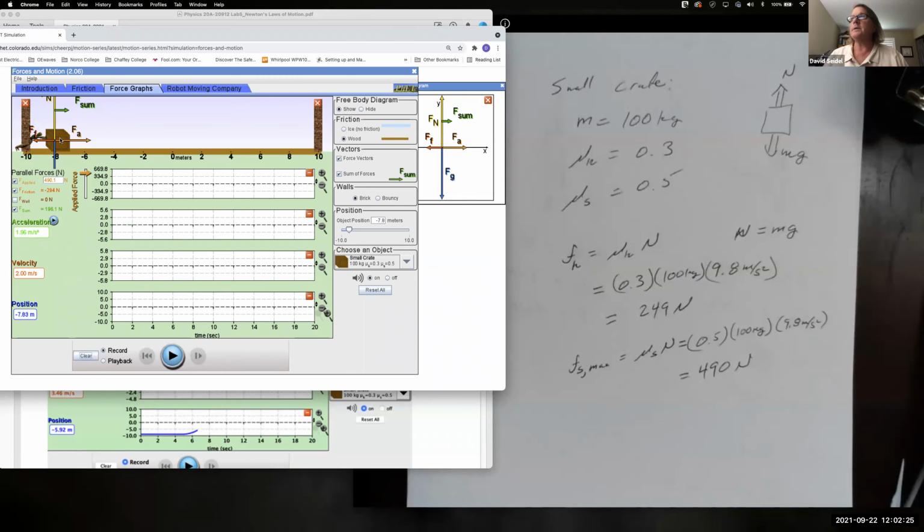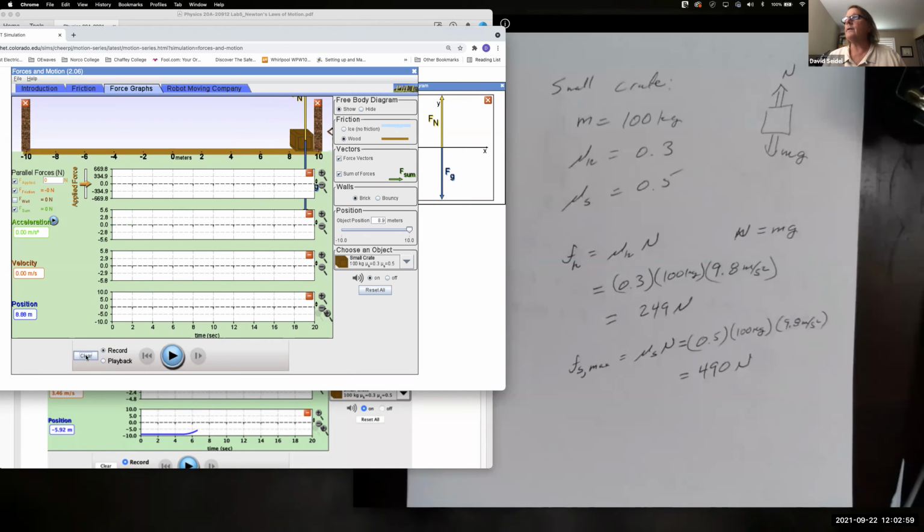We'll clear all this. Let me just show you that. Clear everything. So we're clear on this, that it's always opposing motion. Okay. Let's do this.